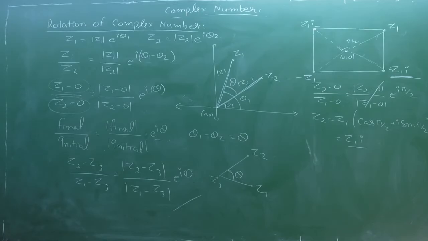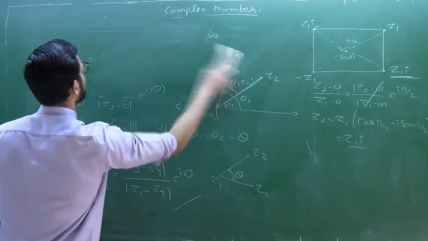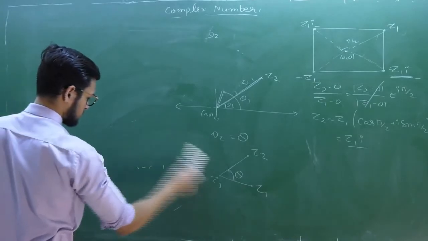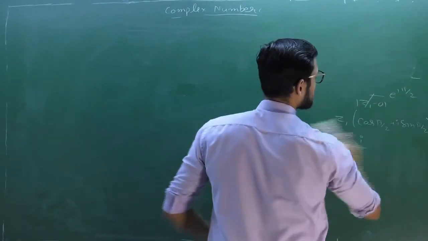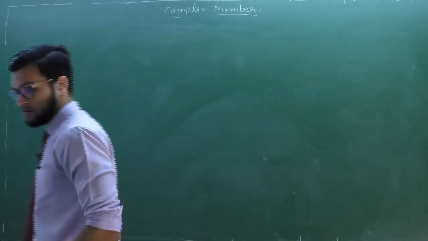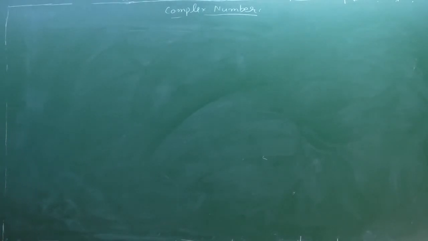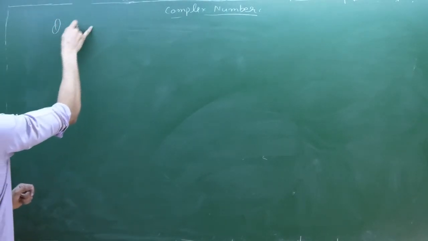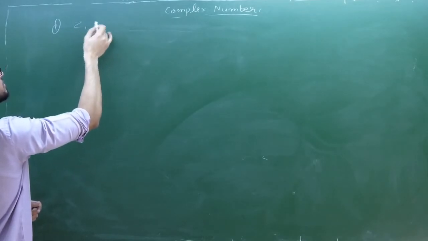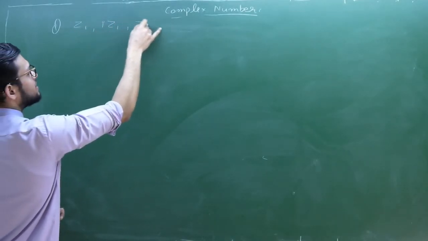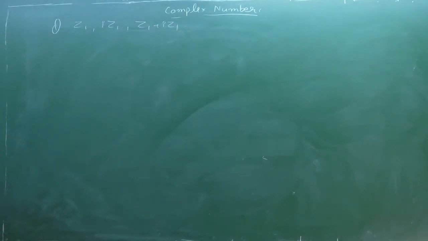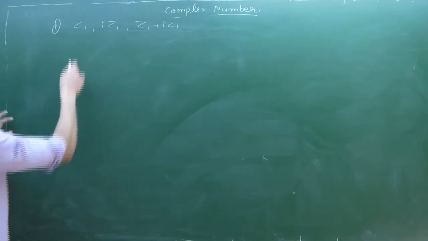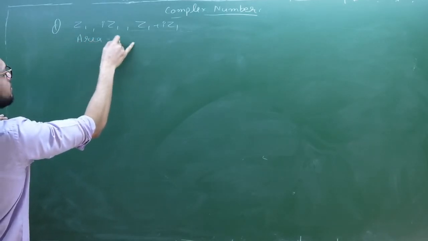Okay, all right. So the question related to this concept is, we have a triangle whose vertices are Z1, iota Z1 and Z1 plus iota Z1, and area of triangle is equal to 8.